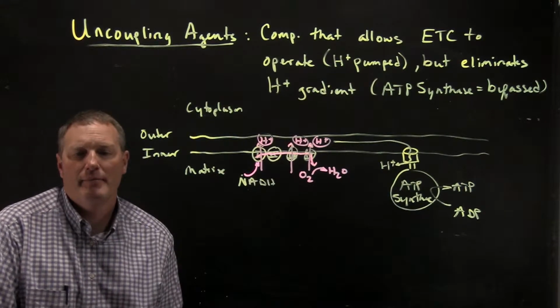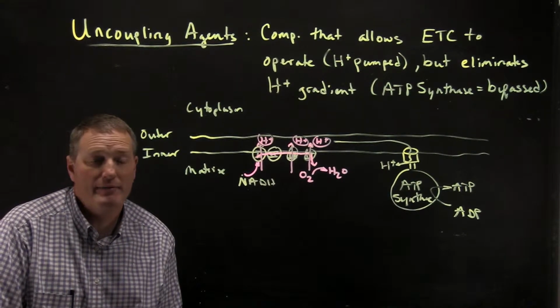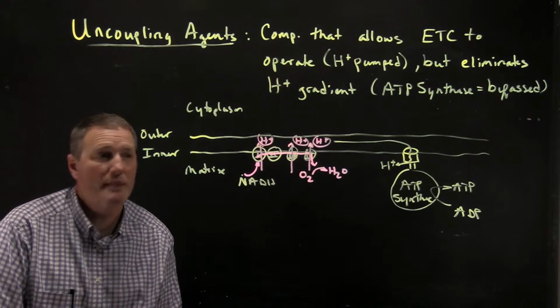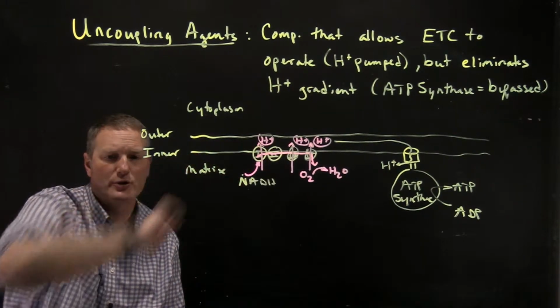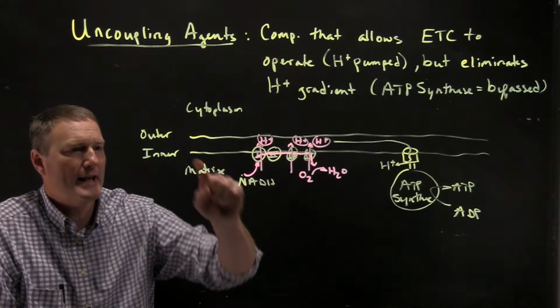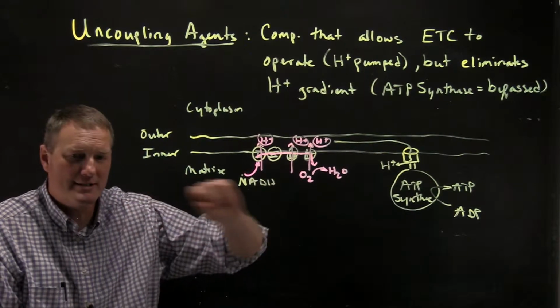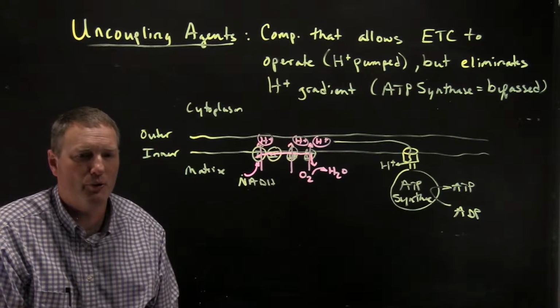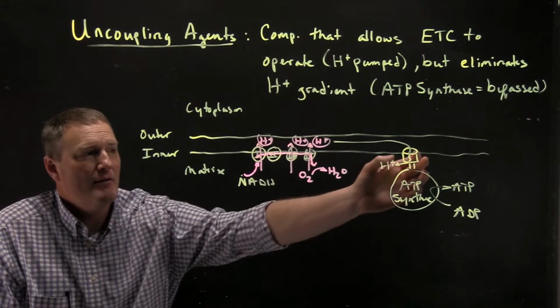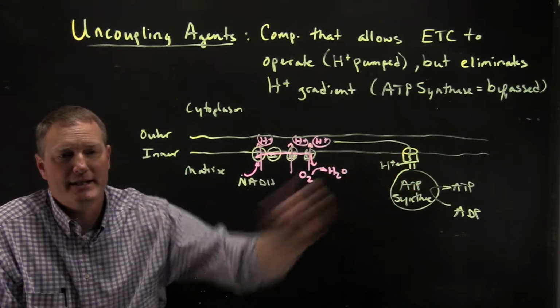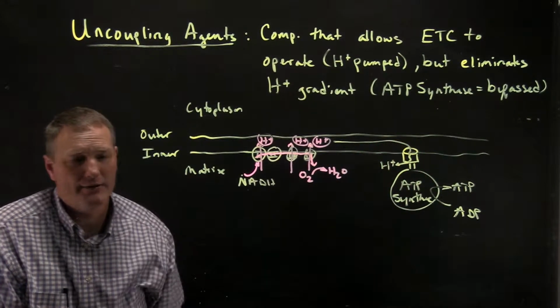However, there are molecules and even proteins that can disrupt this chemical gradient. So you may recall I mentioned that the inner mitochondrial membrane is a very well-sealed membrane. There are no holes or pores in it, except for the presence of these ATP synthase molecules, which contain these proton channels.